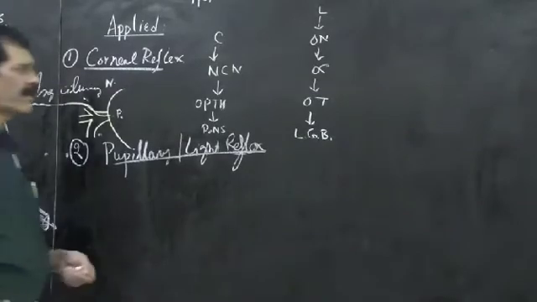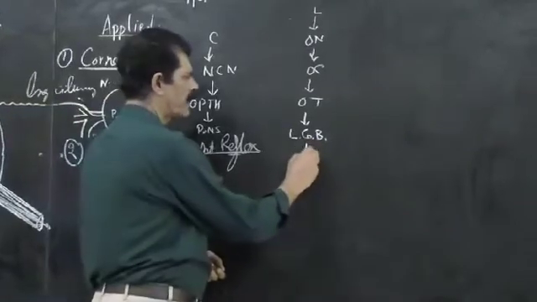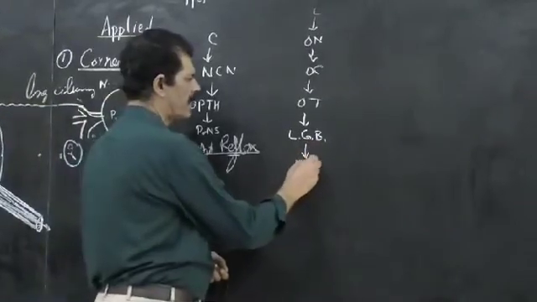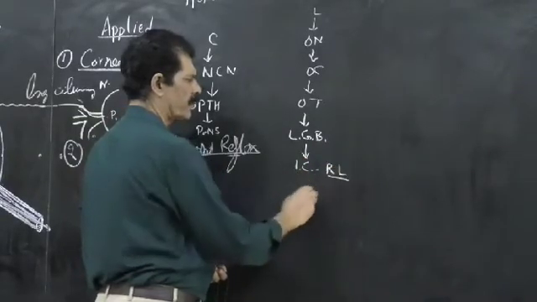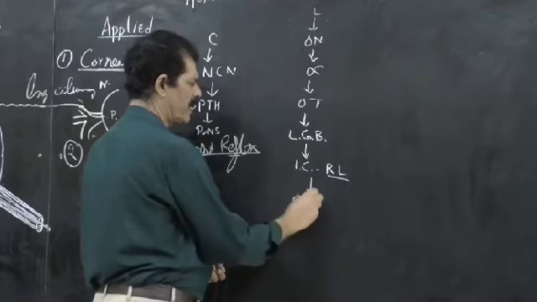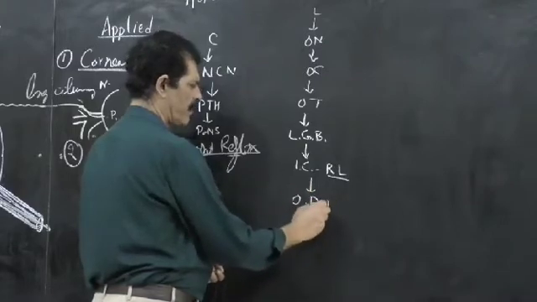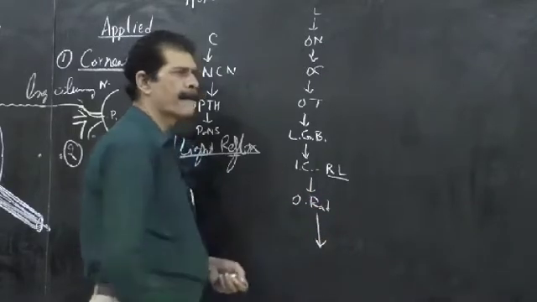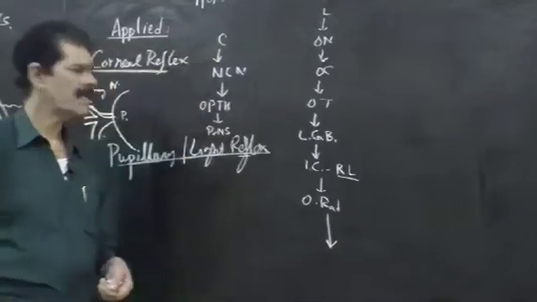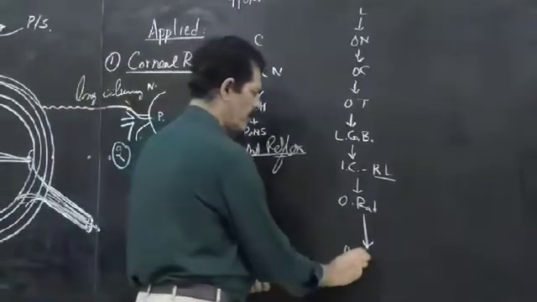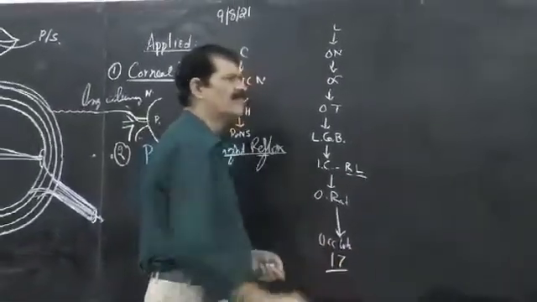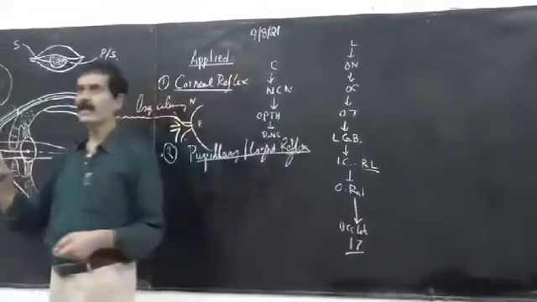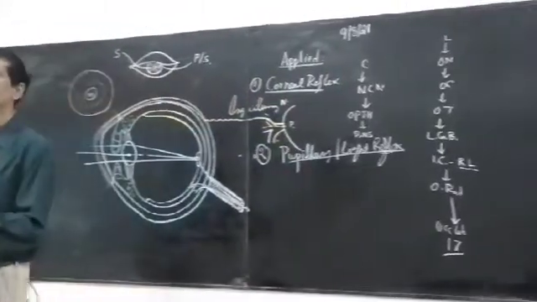From the lateral geniculate body, it comes to the internal capsule, the retrolentiform part of the internal capsule, which forms the optic radiations. The optic radiation reaches the macula of the occipital lobe, Brodmann's area 17. When it reaches here, then we can see.